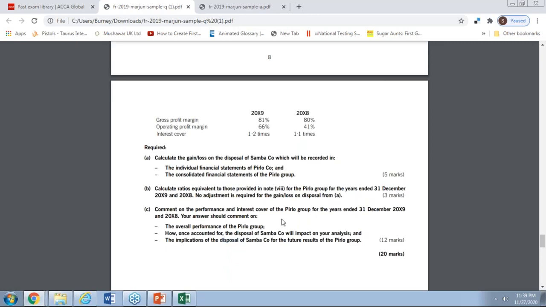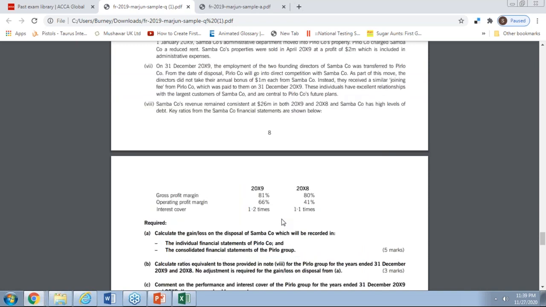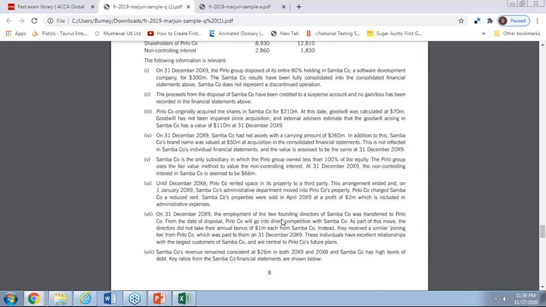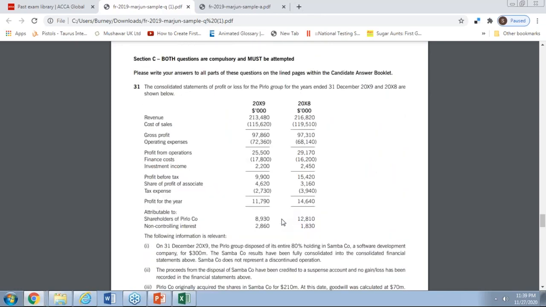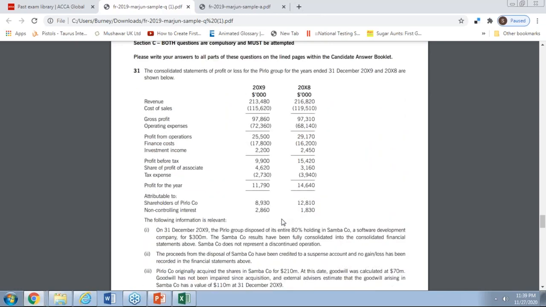So first of all, I want you people to just read the scenario with me. Consolidated profit and loss of the Pirlo Group for the year ended 31st December 2009. We have been given some ratios in which you can see the decline in the revenue, a little bit of decline in the cost of sales, and decline in the GP. So the change in the revenue is comparatively lesser than the change in the cost of sales.